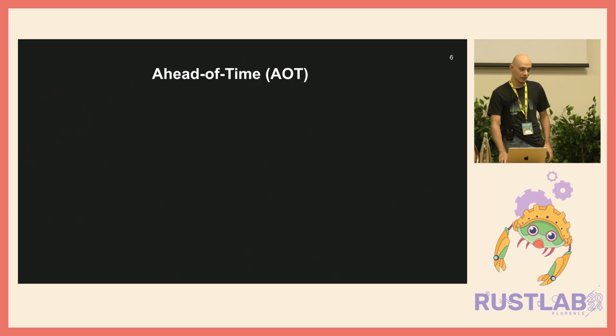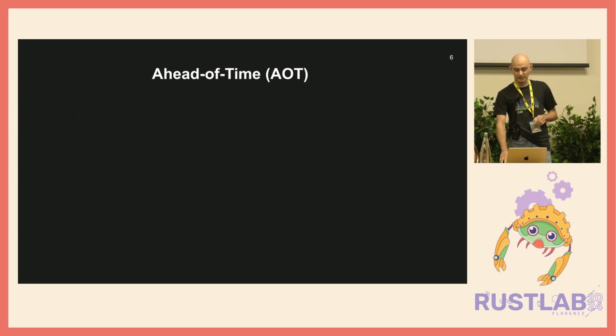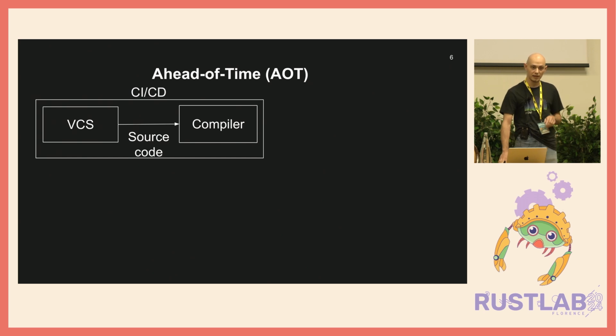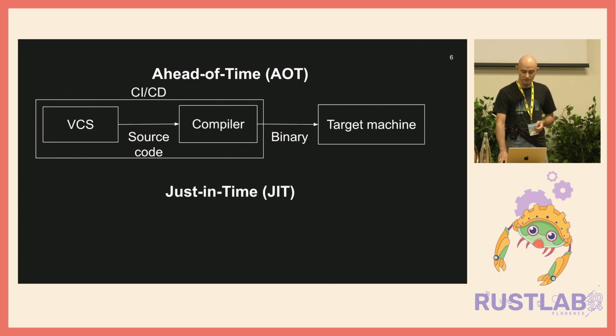Let's start from the basic stuff. There are two major compilation models. The first one is the ahead-of-time compilation model, where we have our usual CI/CD pipeline, VCS. A compiler takes our source code, generates a binary, and this binary is deployed to a target machine. And the other way to compile programs is the just-in-time compilation model.